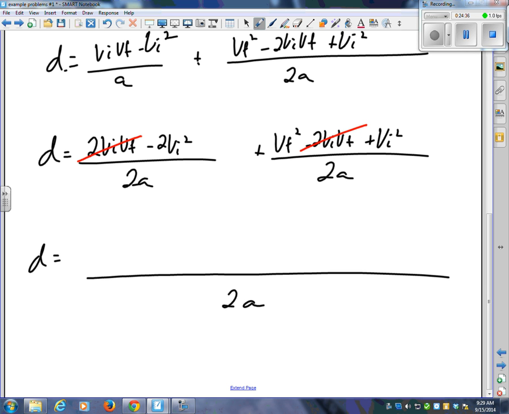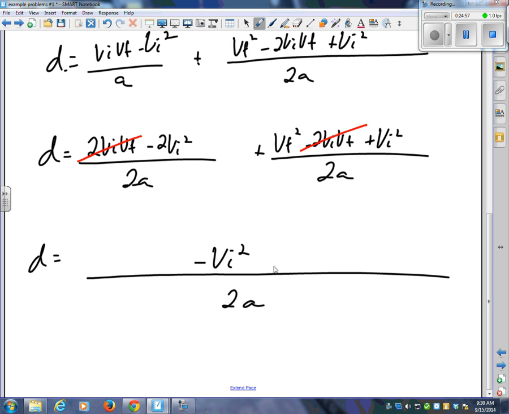Now I've got minus 2 vi squared plus vi squared, minus vi squared, right? What's left? I just combine those two. All I've got left is vf squared.